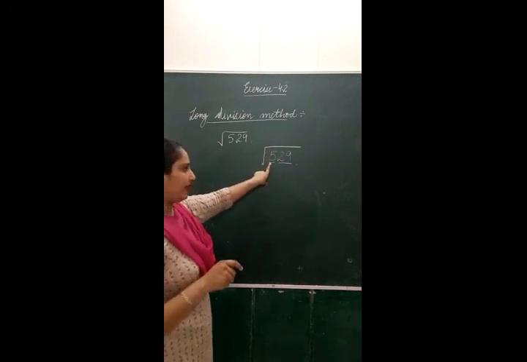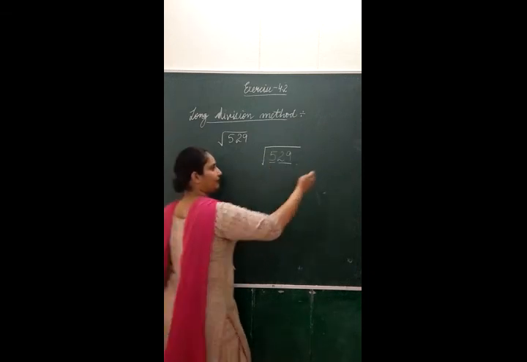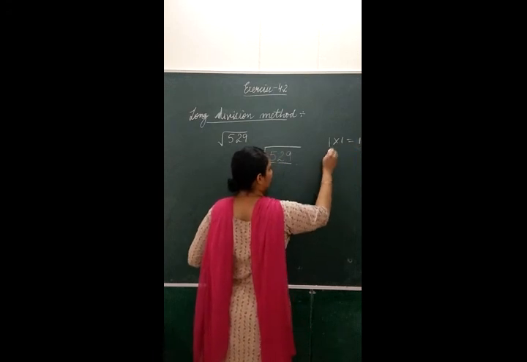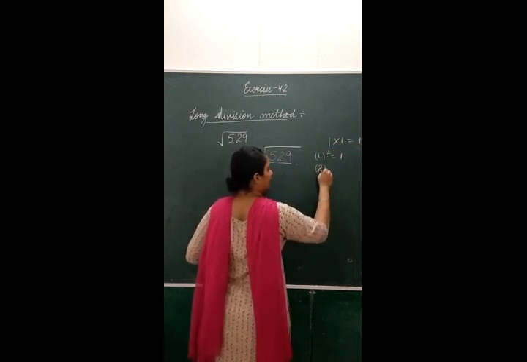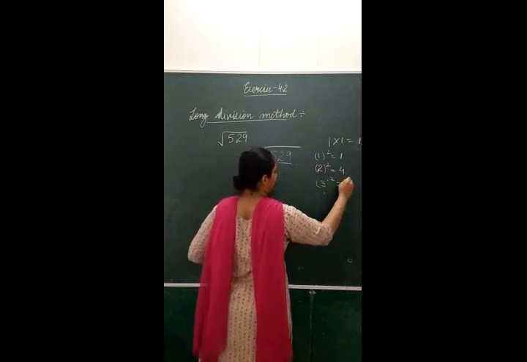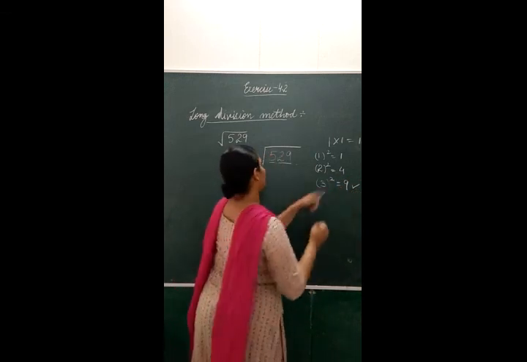And we have to find a number whose square will be less than or equal to 5. Now starting from 1, 1 square is 1, square of 2 is 4, square of 3 is 9. So now here this square is larger than 5, so we will take the previous number.